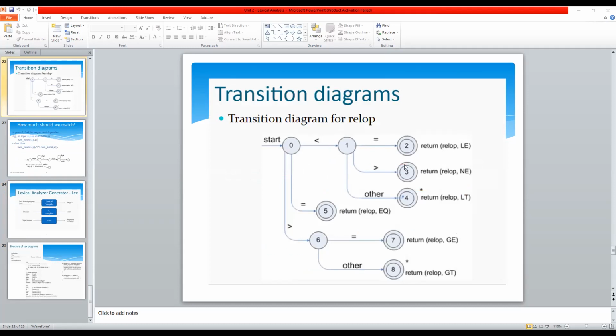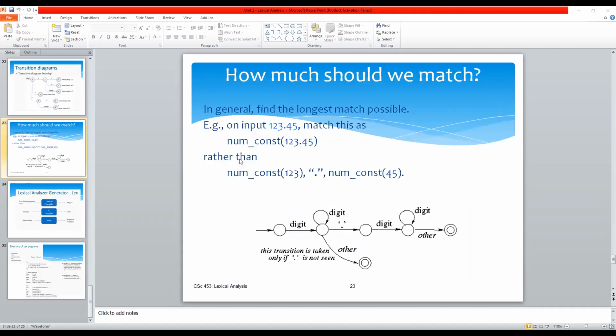The transition diagram we have already covered yesterday. It is also generating a number of tokens. All those are combined together, aggregated together to form a big DFA. Then second is how much we should match. We have to find the longest match possible.